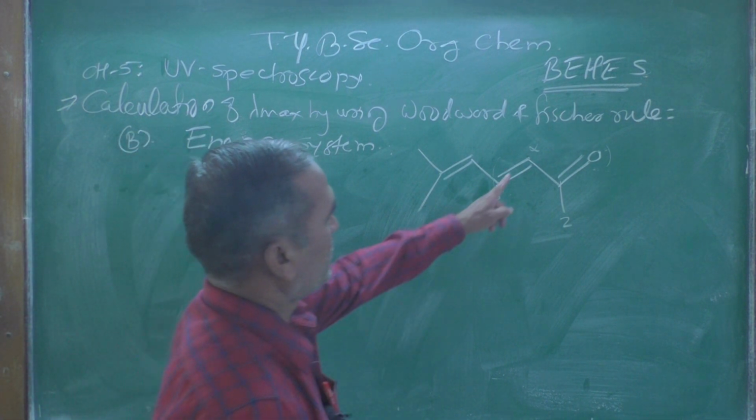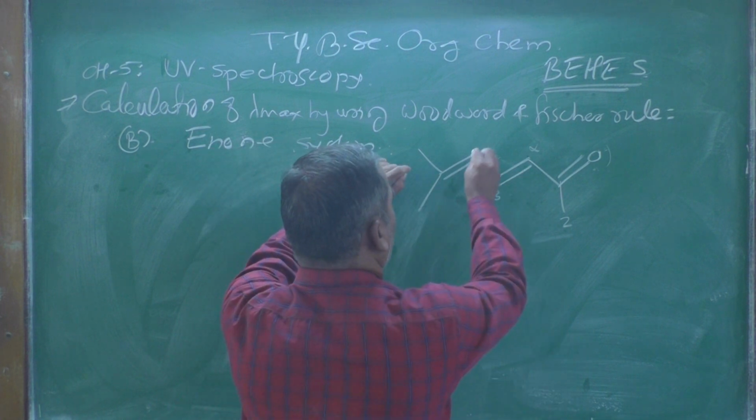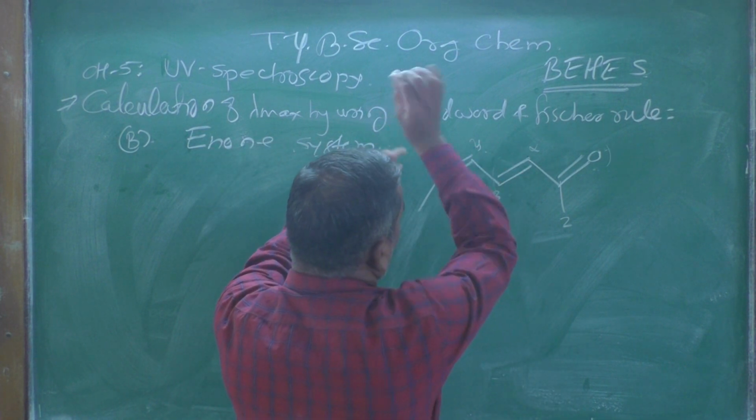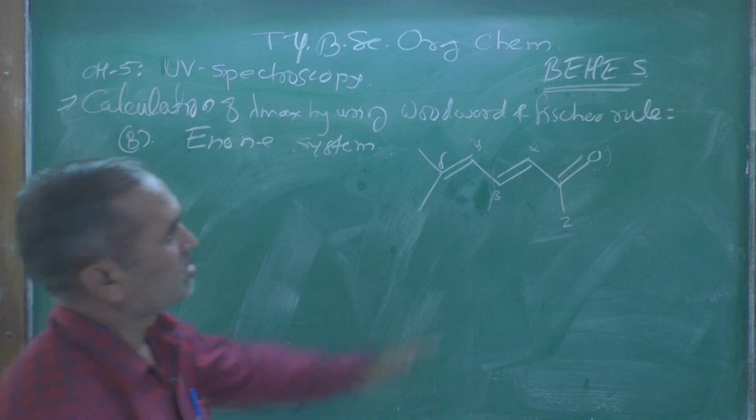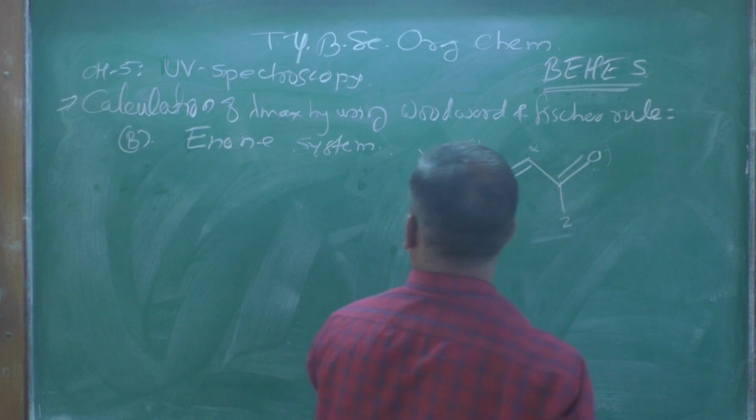Now here alpha, beta, then you can call it gamma, delta and so on, omega. So only this part is known as the enone system.